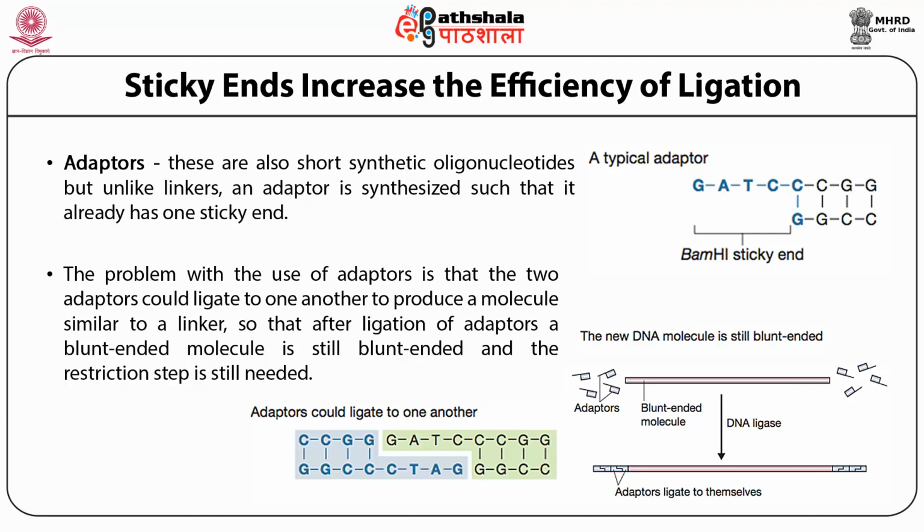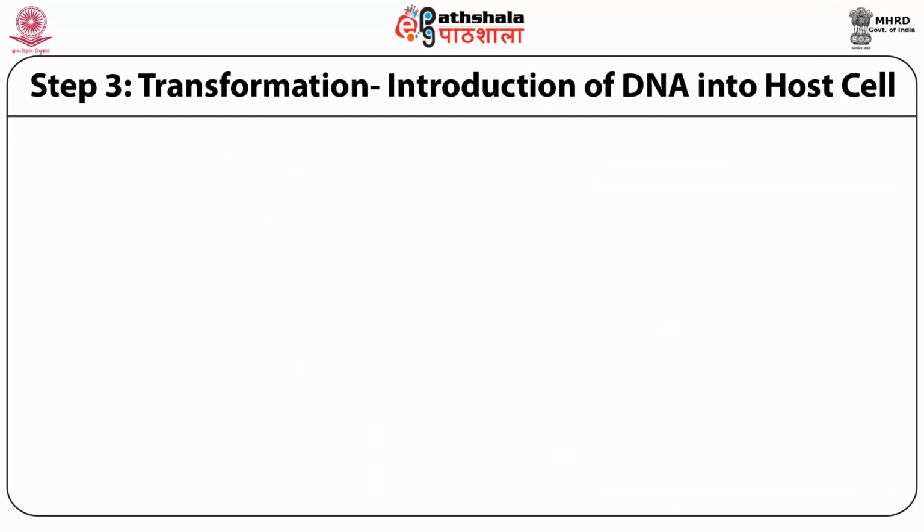These need to be digested again with the appropriate restriction enzyme, in this case BamHI, to create sticky ends for cloning purposes. The third step of cloning is transformation.